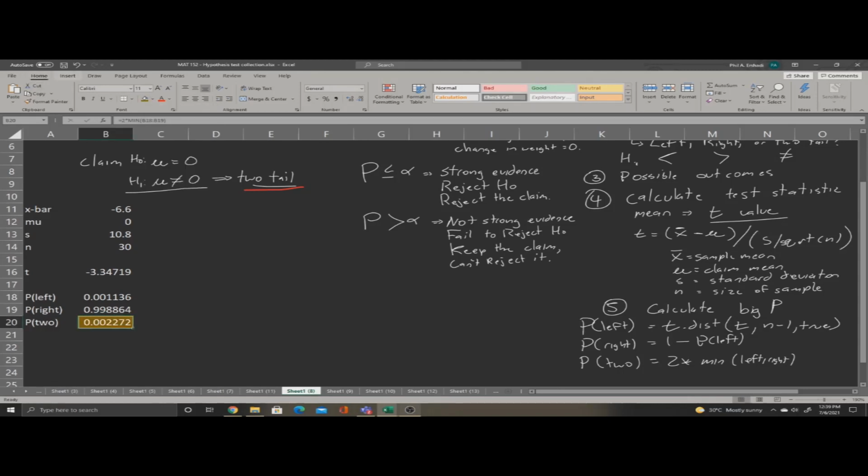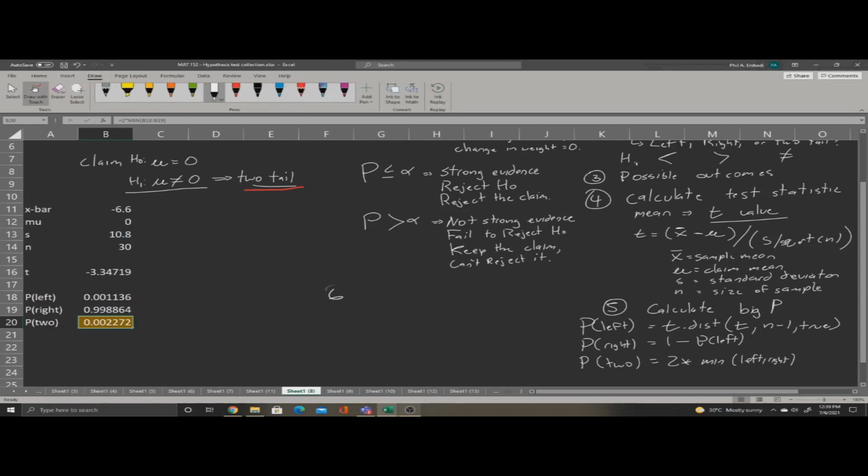Now step 6. Let's compare our big P against the alpha. Our big p-value is 0.00227. Our alpha was 0.01. We can tell from the numbers that the big P is definitely less than or equal to alpha.